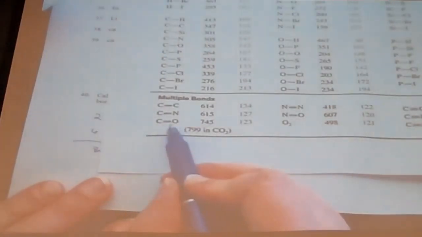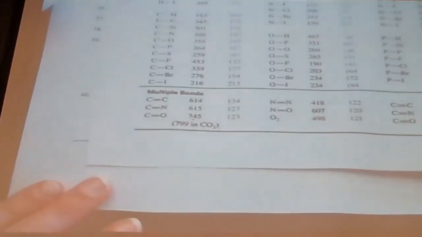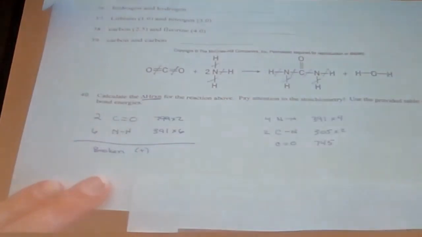Now, when I had the same bond for the nitrogen hydrogen, I just used the same number from the other side. Do I want to use 799? No, because that was our special case. So the carbon oxygen double bond is 745 if it's not in carbon dioxide. So I'm going to use the 745. And there's just one of those.